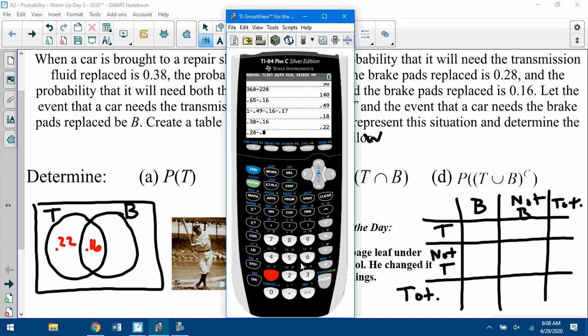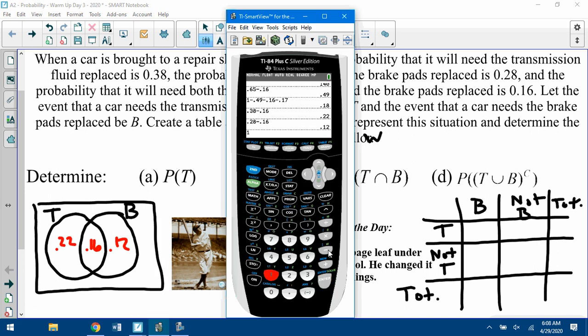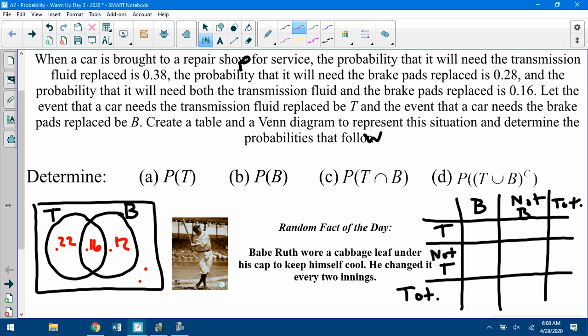It's 0.12 right here. And to get what goes on the outside, we subtract everything from 1. So 1 minus 0.22 minus 0.16 minus 0.12. So we're left with 0.5 outside. Okay, so that's the Venn diagram.